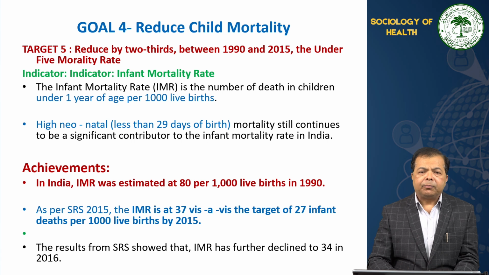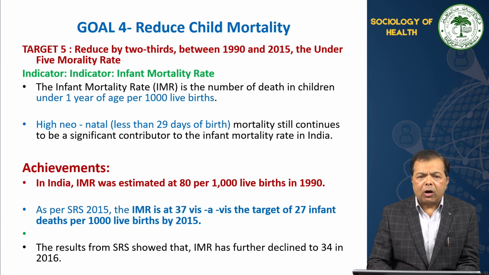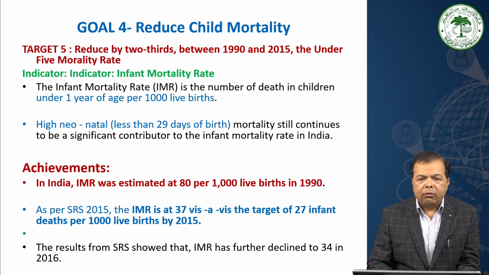Now, what are the achievements? In India, the infant mortality rate was estimated at 80 per 1,000 live births in 1990. As per the SRS, the IMR is at 37 vis-a-vis the target of 27 infant deaths per 1,000 live births by 2015. So when we calculate the figures as per the requirement of the indicator, we get to know that the target was 27 infant deaths, and in India we are at 37, or we were at 37.